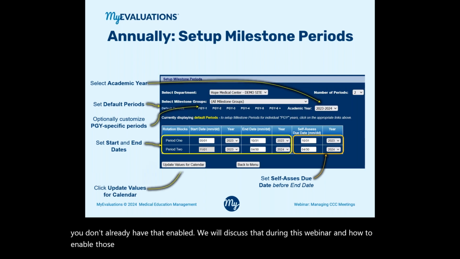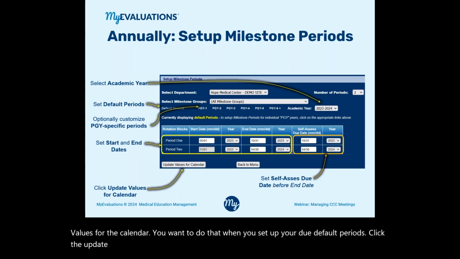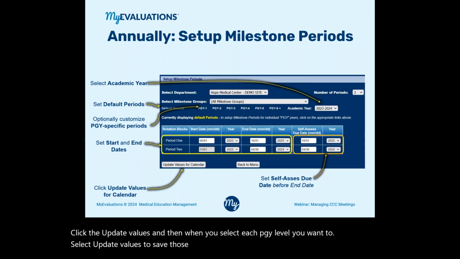Once you set those due dates, you want to click update values for the calendar. You want to do that when you set up your default periods, click update values, and then when you select each PGY level, you also want to select update values to save those changes.